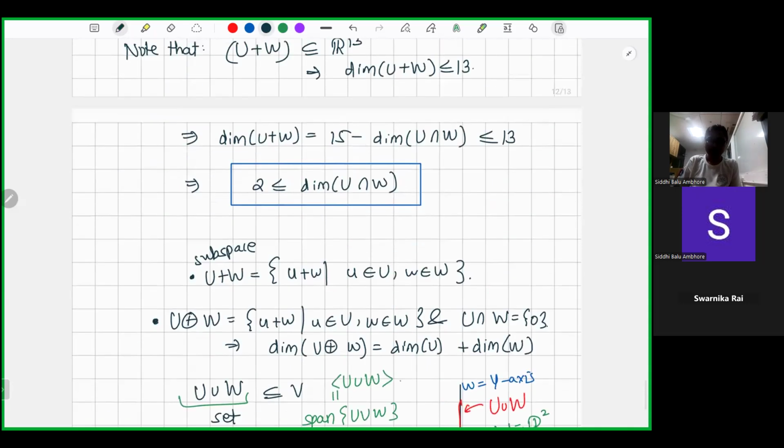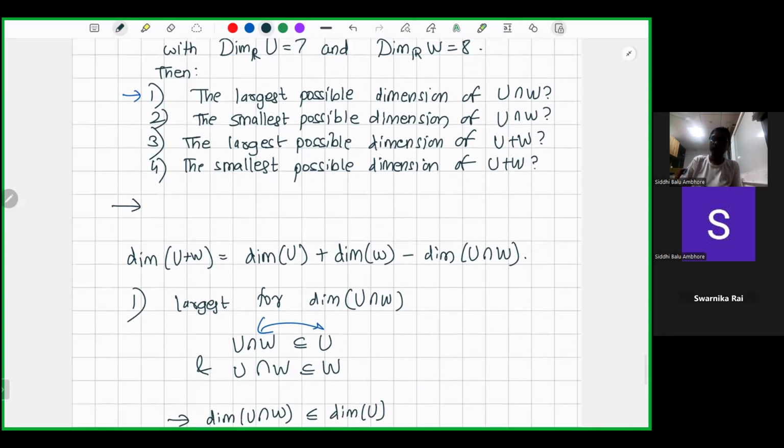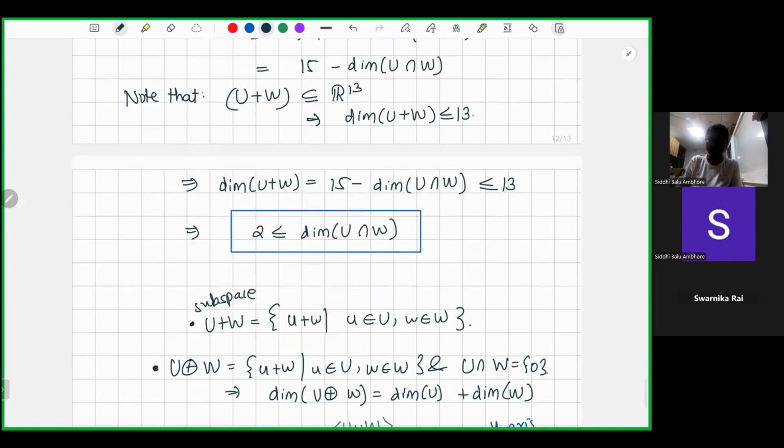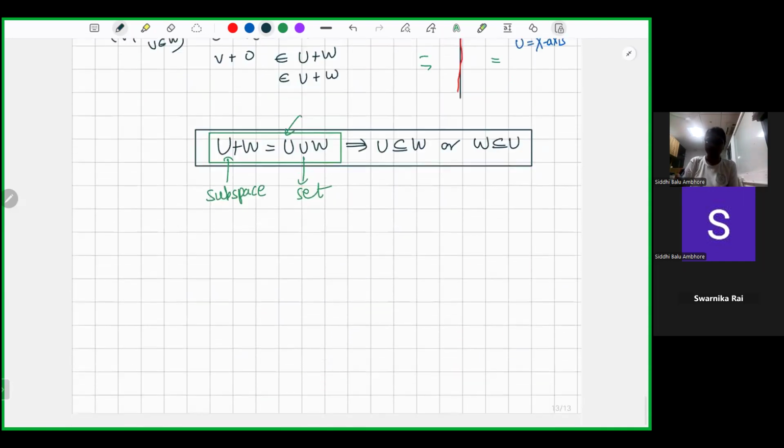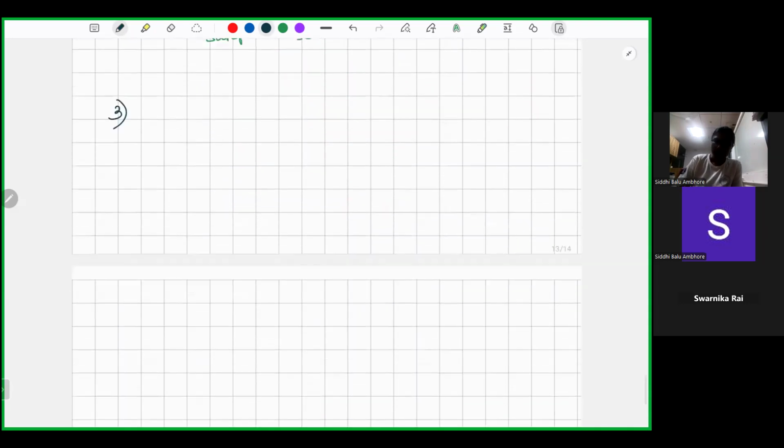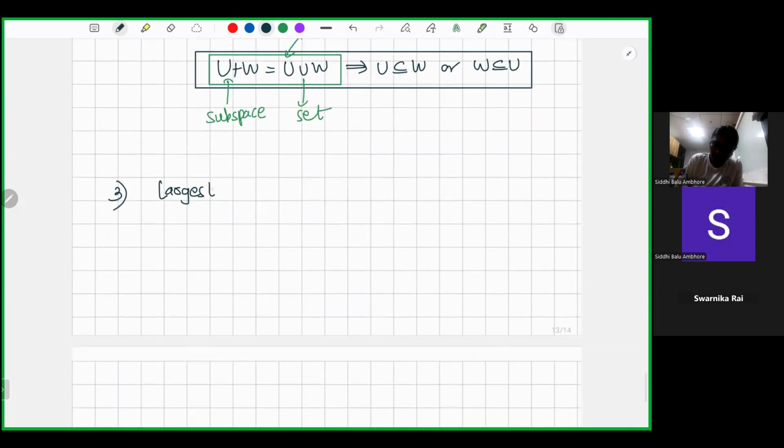So now we have to find the largest and smallest possible dimension of U plus W. So let us try to do that. And now we have this.